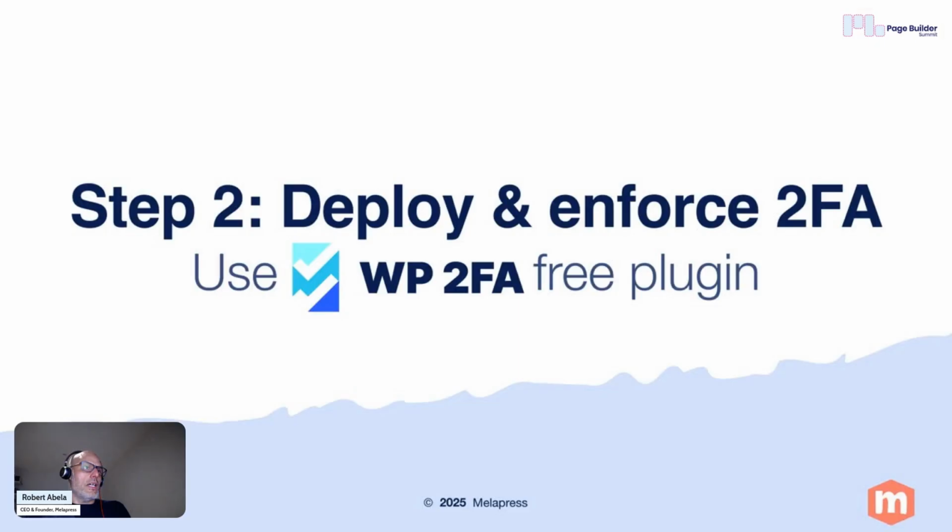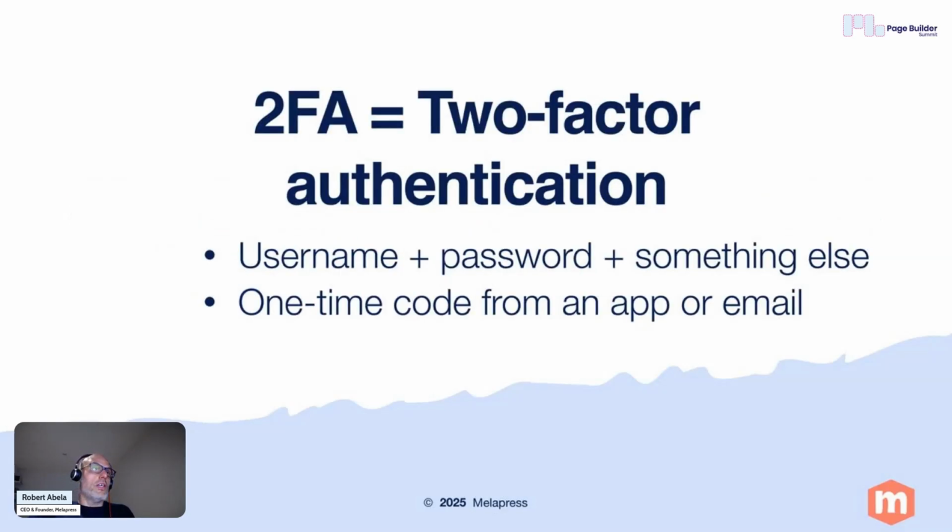The second one is, of course, deploy 2FA, two-factor authentication. WP2FA is also a free plugin developed by us. So basically, when you implement 2FA, for those who don't know, when you try to log in, you have to log in with a username, password, and something else.